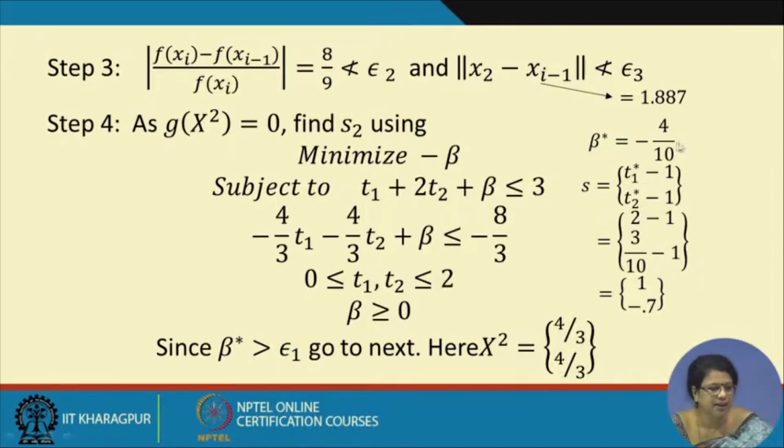Clear? Now, what is the value for beta? Beta is 0.4. Is it a small value? Not really. We are looking for a small value of beta, because beta is equal to minus alpha. Though x2 is at the boundary, still it is not the optimal solution. That is why we have to move to the next.